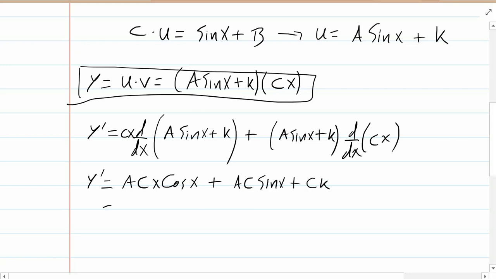So we can rename some of the constants, and let's leave it like that for now.